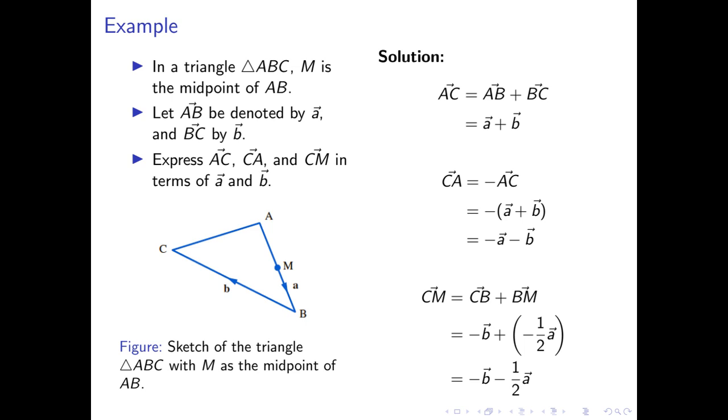AC from this diagram should be carefully noted as taking the direction of AB with respect to the direction of BC. Because now we see the direction of AB points in this direction, and the direction of BC is in this direction.